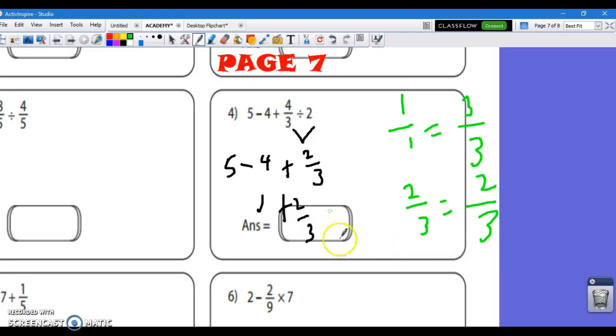So there we go. Remember, this was adding. So I have 3 plus 2 is 5 over 3. Can we keep it that way? Nope. So we have to change this to a mixed number.